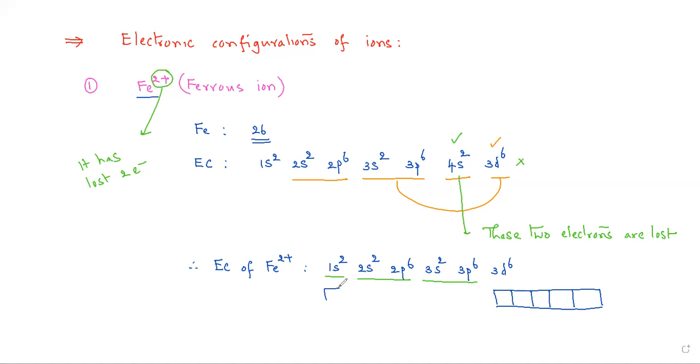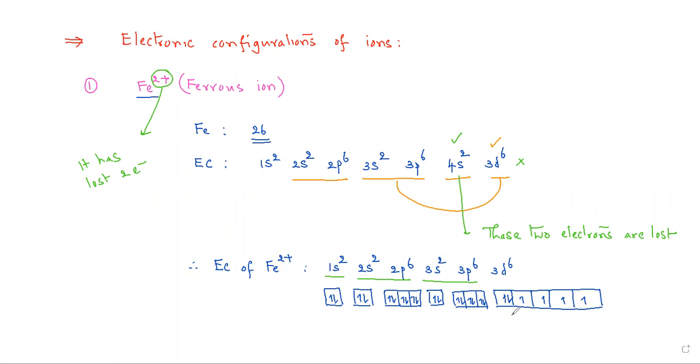If you want, I'll show. 1s2, 2s2, 2p6, then 3s2, then of course 3p6, 3d6, 5, now pairing up. So how many unpaired electrons are there?